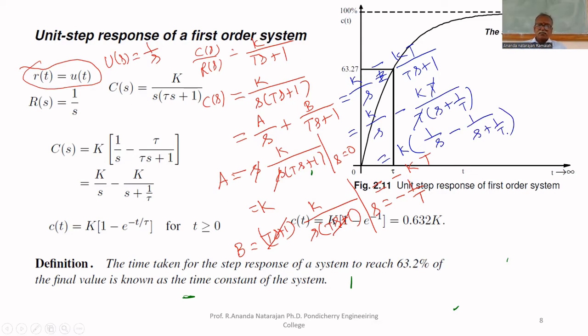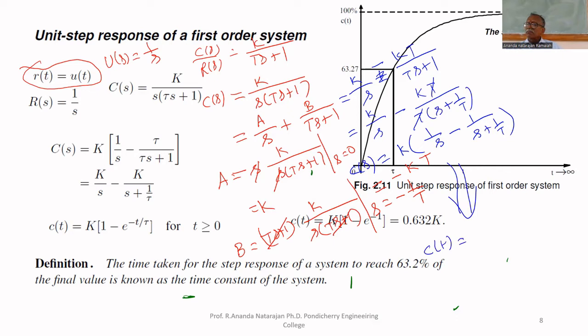Now we have factorized: C of s equal to K multiplied by 1 upon s minus 1 upon s plus 1 by tau. If you find the Laplace inverse, you will get C of t.